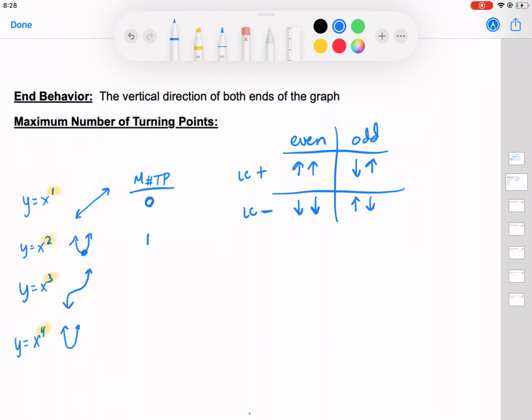Now cubics, if I add some extra terms, you can have a cubic that looks something like this, and you'll notice there are 2 turning points total. Quartics can look like parabolas, but they can also look like a little W if you add some other terms on, and so you'll notice there are 3 turning points. What you're going to notice is the maximum number of turning points is always 1 less than the degree.